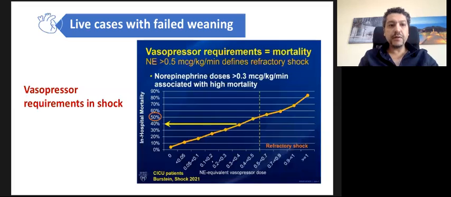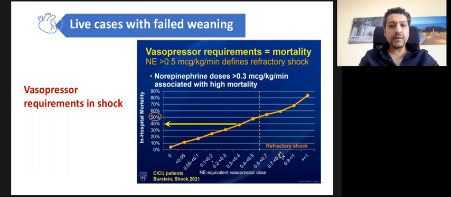So this is a very important slide. And this is an example of how weaning can fail in patients with cardiogenic or septic shock. As you can see from this curve, the mortality rate increases dramatically when vasopressor requirements increase as well.